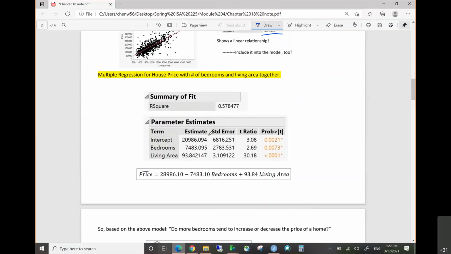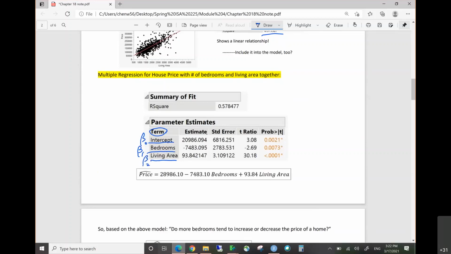Similar to the simple regression, we still have these terms. We have the intercept, that means this line is about beta 0. And number of bedrooms will be our first explanatory variable, which means the coefficient will be beta 1. And for the second explanatory variable, the coefficient will be beta 2.